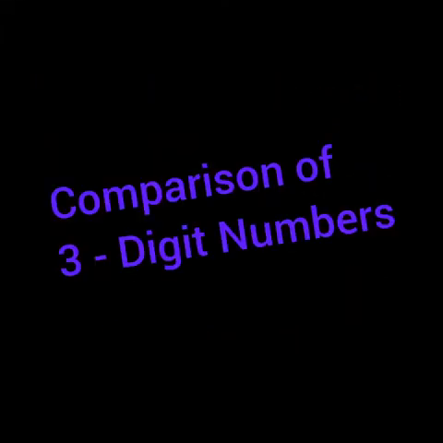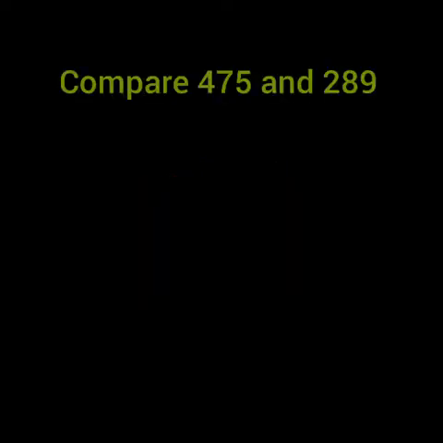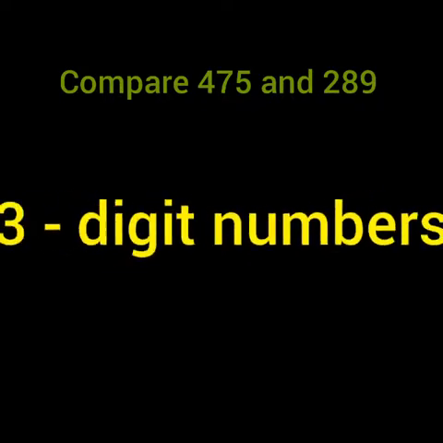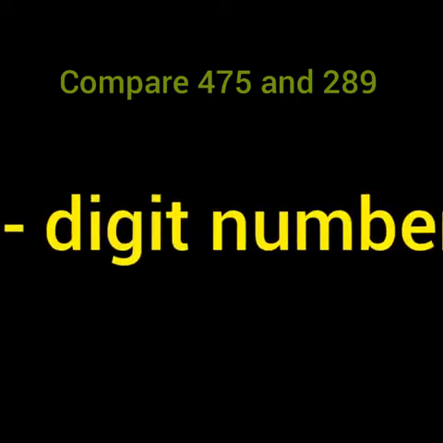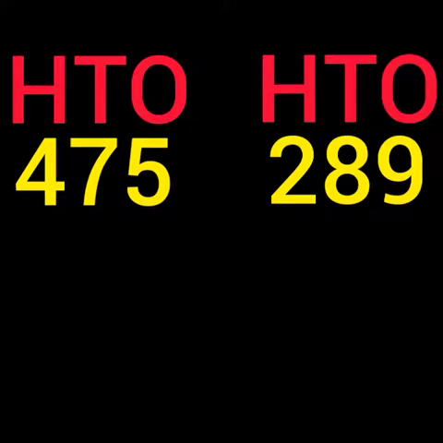So, let us compare two three-digit numbers. Compare 475 and 289 and put the proper symbol in between them. Since 475 and 289 are three-digit numbers, or we can say both the numbers have three digits, compare the numerals in the hundreds places of both the numbers, or the first digit.